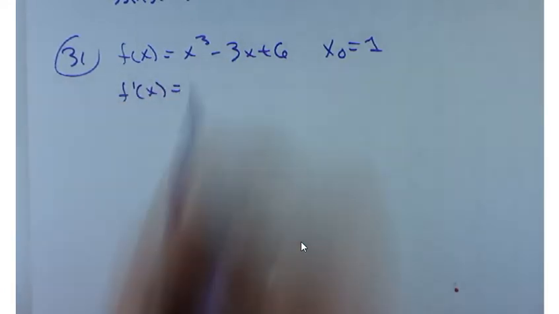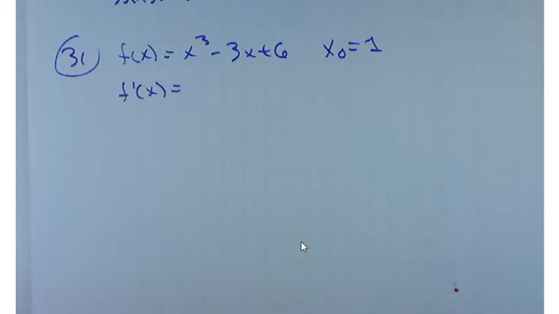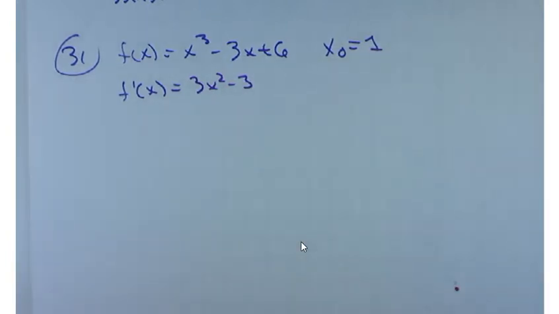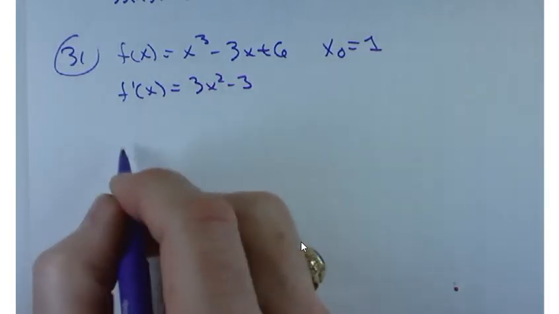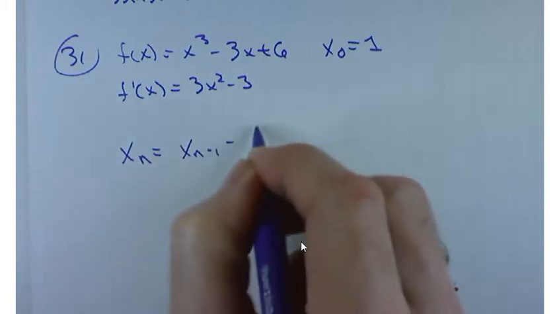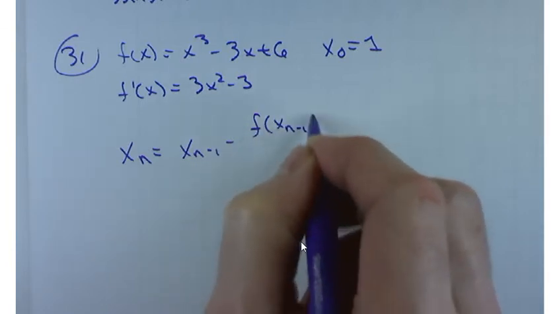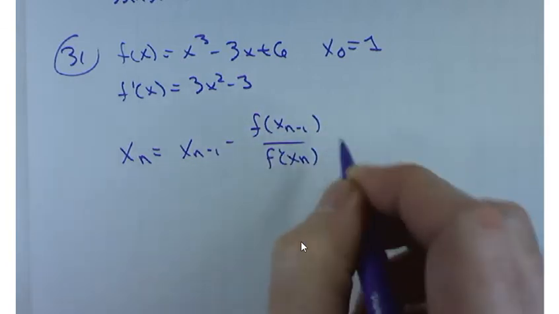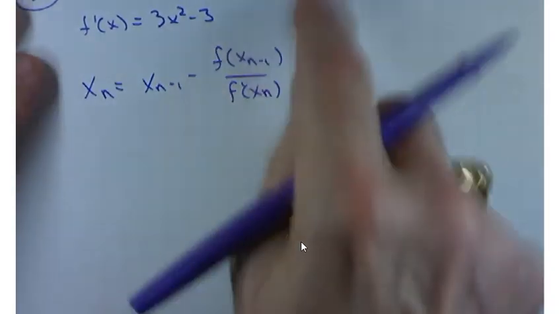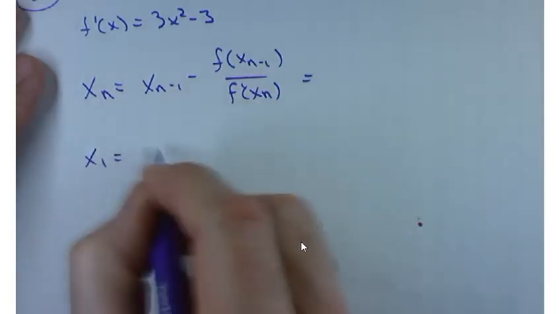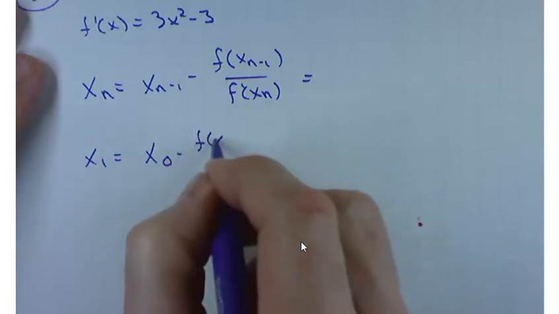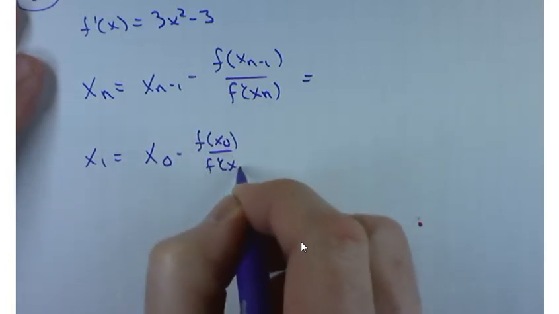What would f prime of x be? All right, 3x squared minus 3. Okay, so we're going to set it up. X sub n equals x sub n minus 1 minus f of x sub n minus 1 over f prime of x sub n minus 1. Basically, to get our next value, called x sub 1, it is going to equal x sub 0 minus f of x sub 0 over f prime of x sub 0.